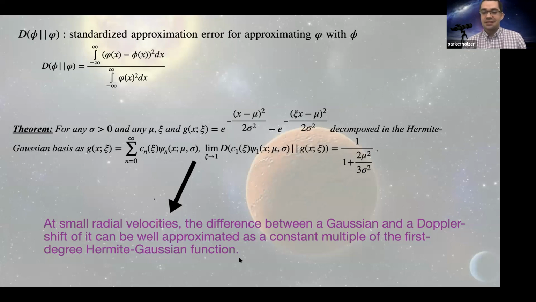And if it's an additive shift, then a small shift is well represented by a constant multiple of the derivative. So this isn't too much of a surprise when you start to think about it.